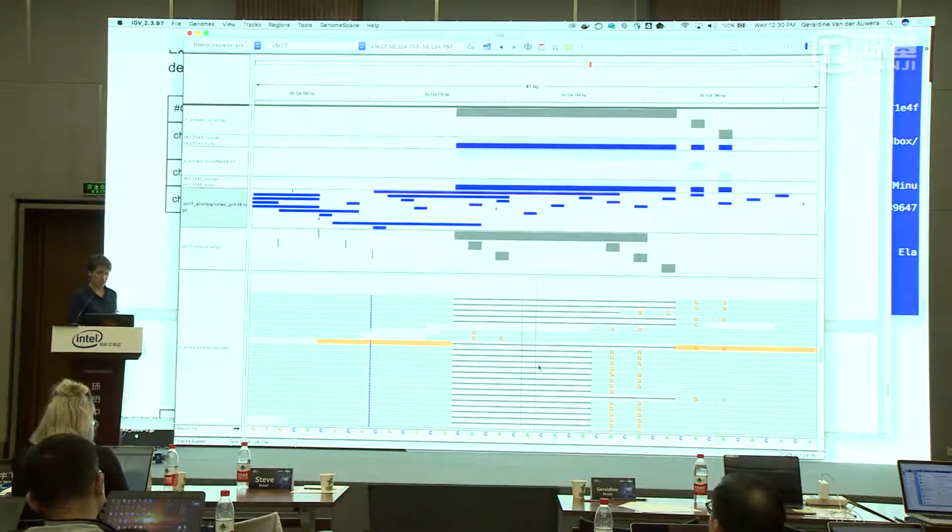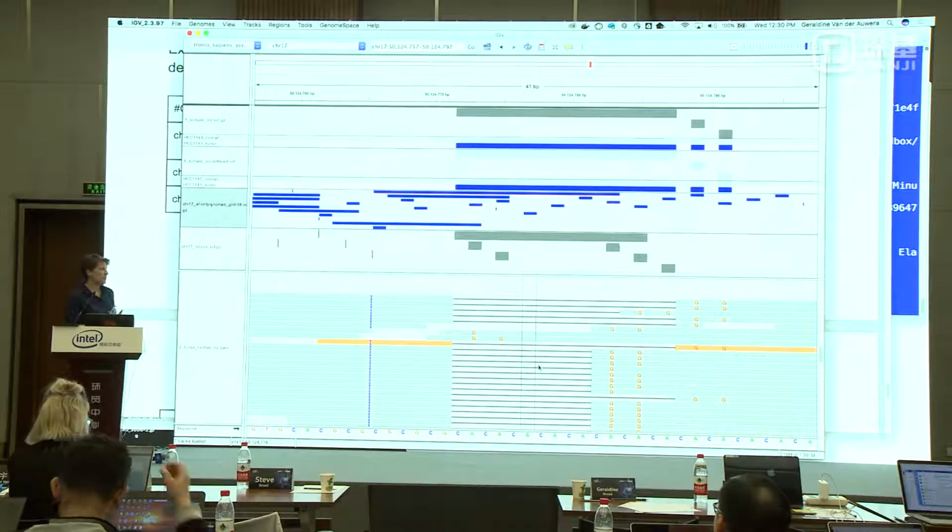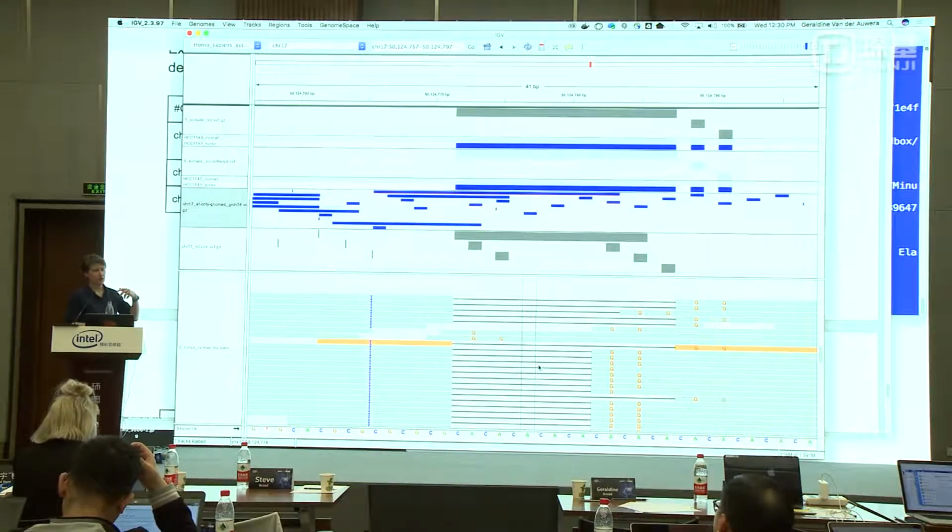And so this is the kind of thing, fortunately we're out of time for this morning, and I'm sure everybody's looking forward to lunch. But this is the kind of thing that you're going to have to deal with when you're looking at somatic short variants. And Mutect is going to try to do as much as possible to identify this.